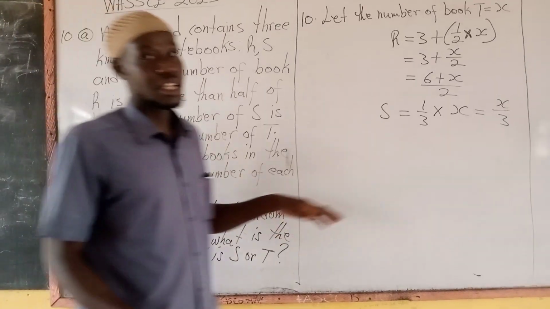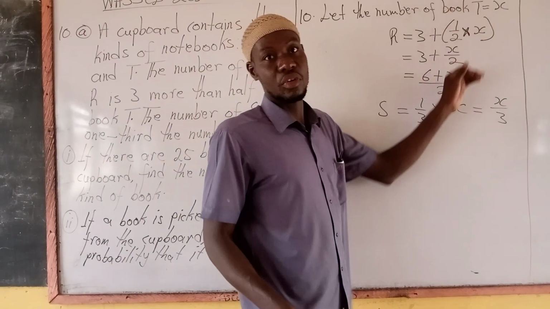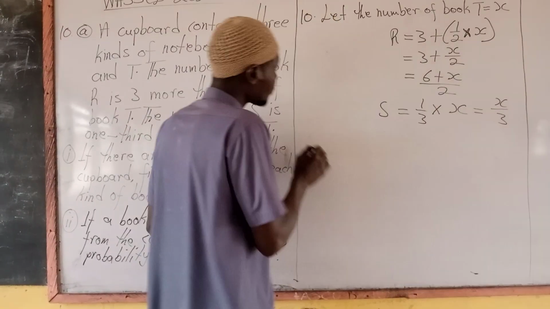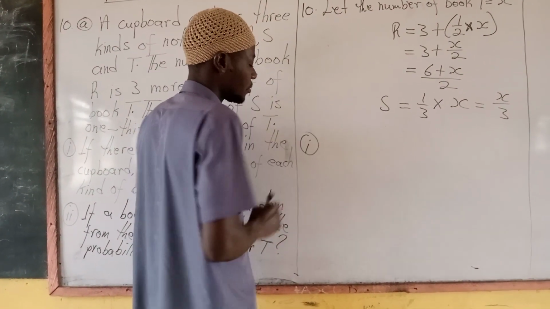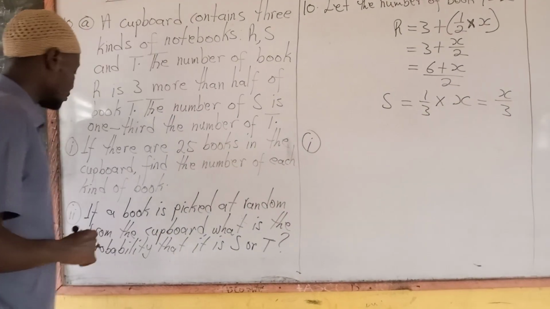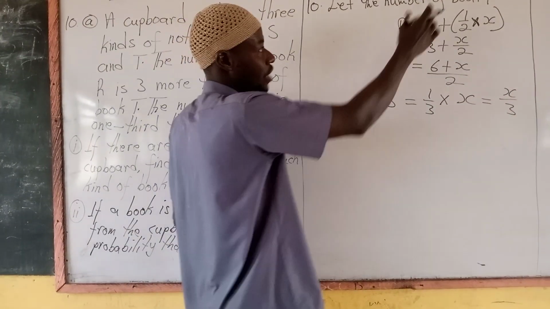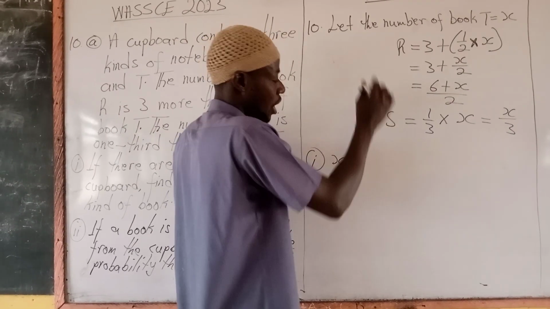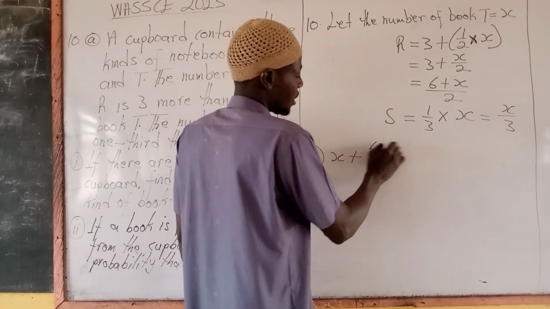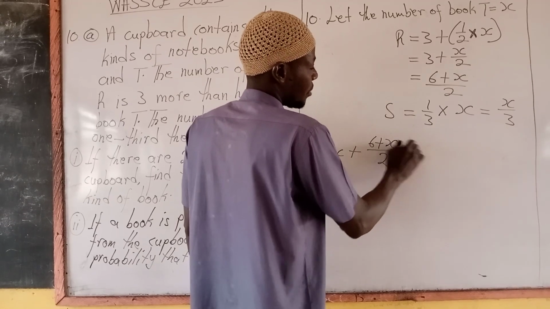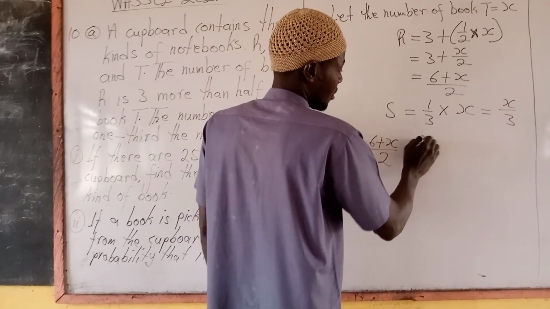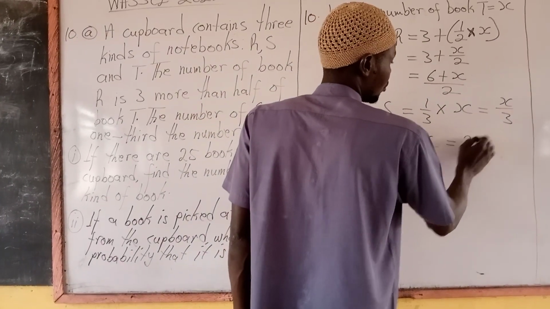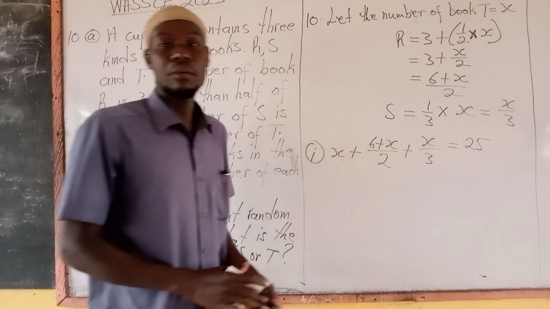So what it means is that if we add all the numbers of the three books, it should be equal to 25. So for Roman number 1, we add book T, which is x, plus book R, which is (6 plus x) divided by 2, plus book S, which is x divided by 3, and this should be equal to 25 in the cupboard.